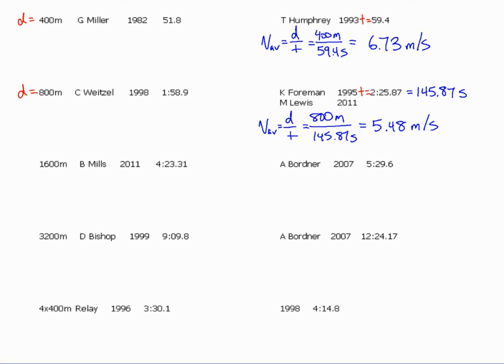Remember, we've got all 4 of the things that we need here: the formula, the raw numbers, the answer, and the units. Next record, the 1600 meters, 4 times around, with a time of 5 minutes, 29 seconds.